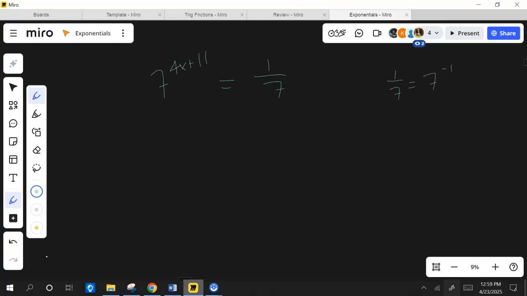Agreed? I guess so. 7 to the negative 1, and then the negative exponent will flip it. So really this is 7 to the 4x plus 11 equals 7 to the negative 1. And now they have the same base. So now 4x plus 11 equals negative.